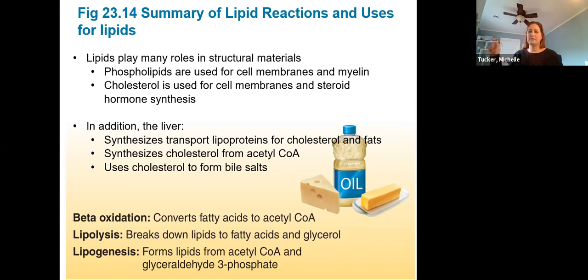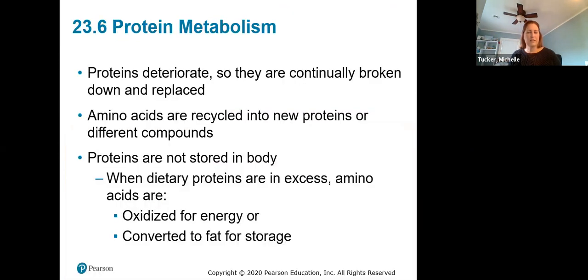Triglyceride is always cycling in adipose cells. So in adipose cells, we always have lipolysis and lipogenesis going on all the time. It keeps a constant level of fatty acids in the blood. Okay, so that is lipid metabolism.